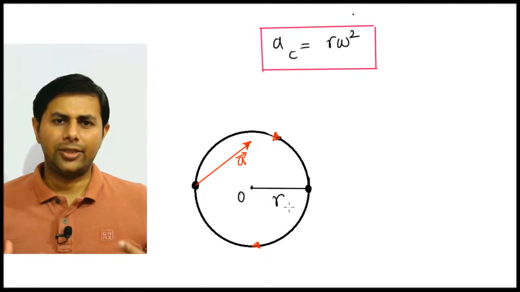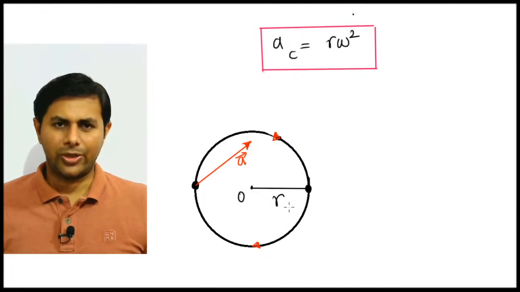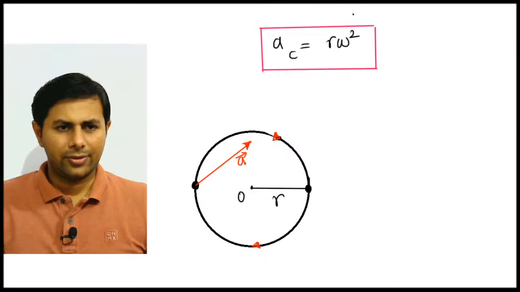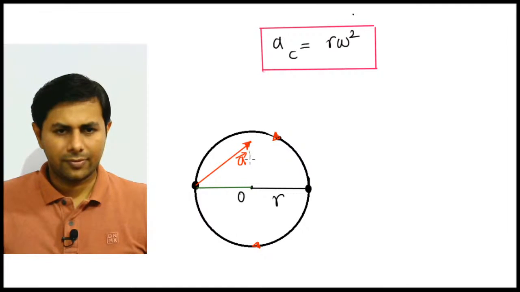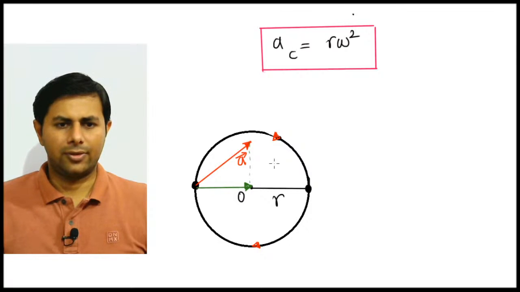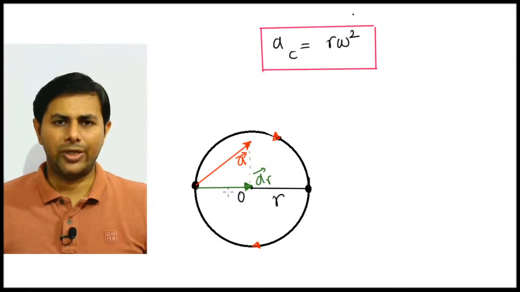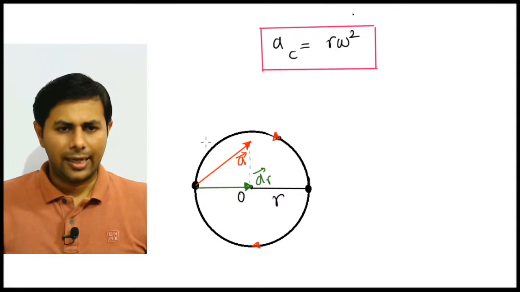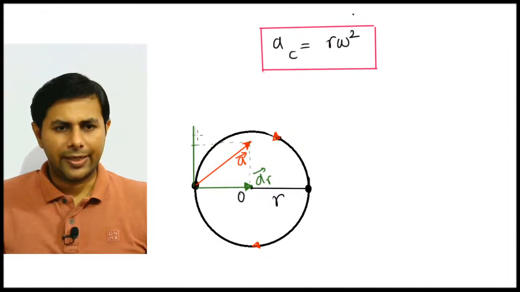Now I can resolve this acceleration along two components. One along the radius, and I will call it a_R bar, the radial component of acceleration, and another component will be directed along the tangent.